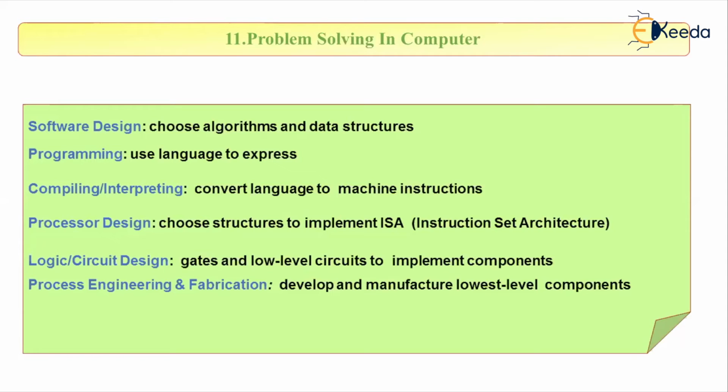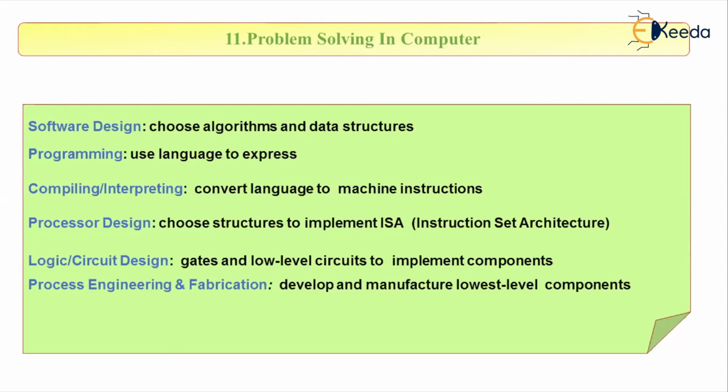Now, first of all, let us understand what we mean by interpreting, or the second word, compiling. We are all aware that when we write our set of instructions, we give the instructions to the computer in the form of English.